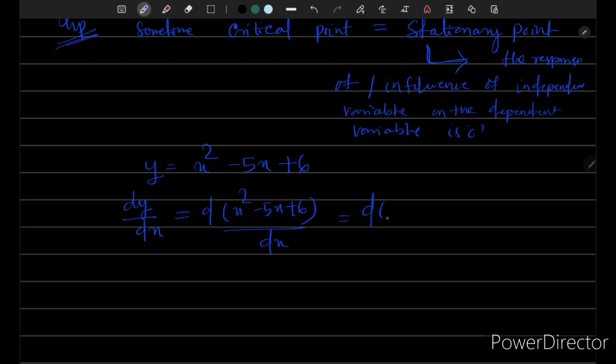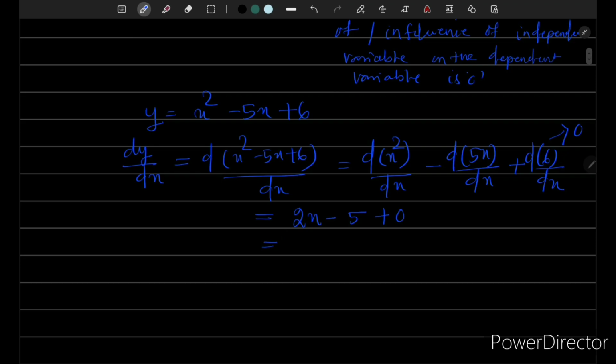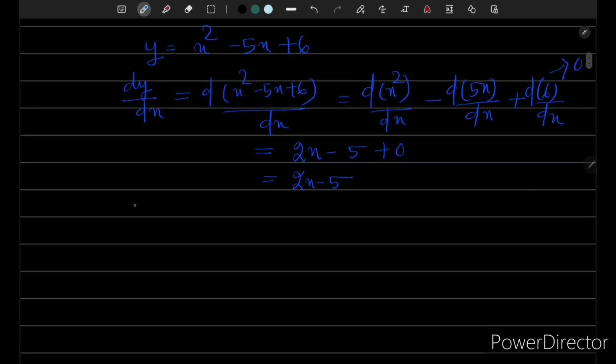This can be written as the derivative of x square minus the derivative of 5x plus the derivative of 6, which equals 2x minus 5 plus the derivative of 6, which is a constant, so it is 0. So the first order derivative is dy by dx equals 2x minus 5.